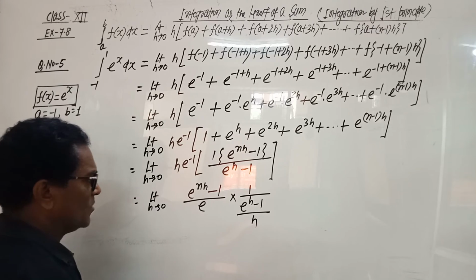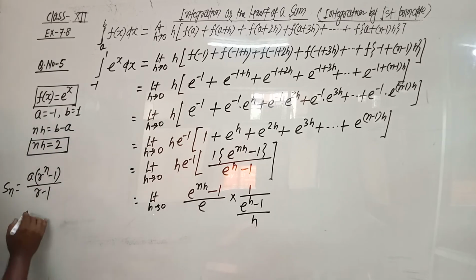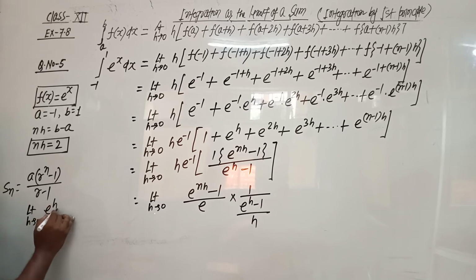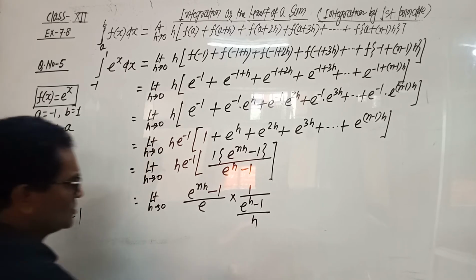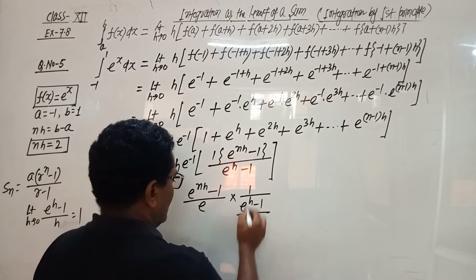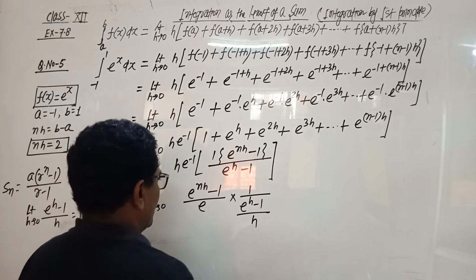From the formula we know that limit h tends to 0, e raised to the power h minus 1 upon h equals 1. So this expression becomes 1, and 1 divided by 1 we get 1.